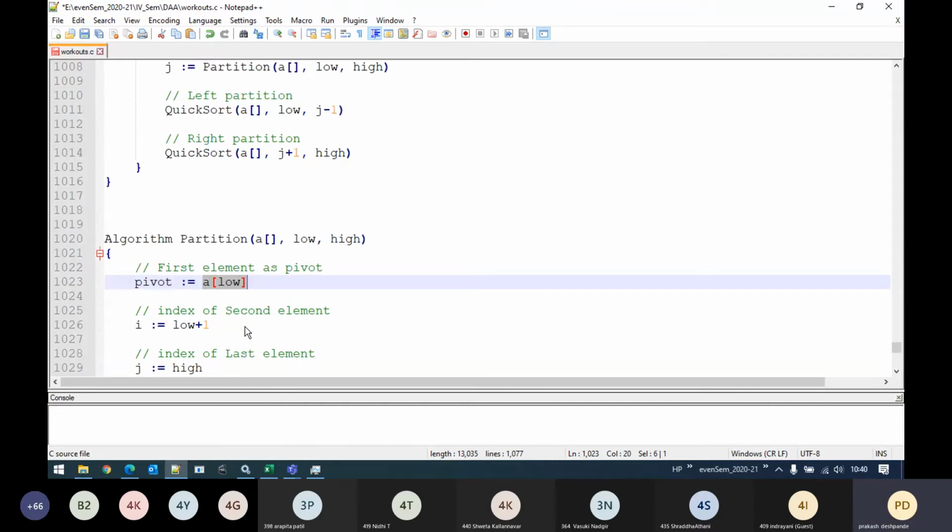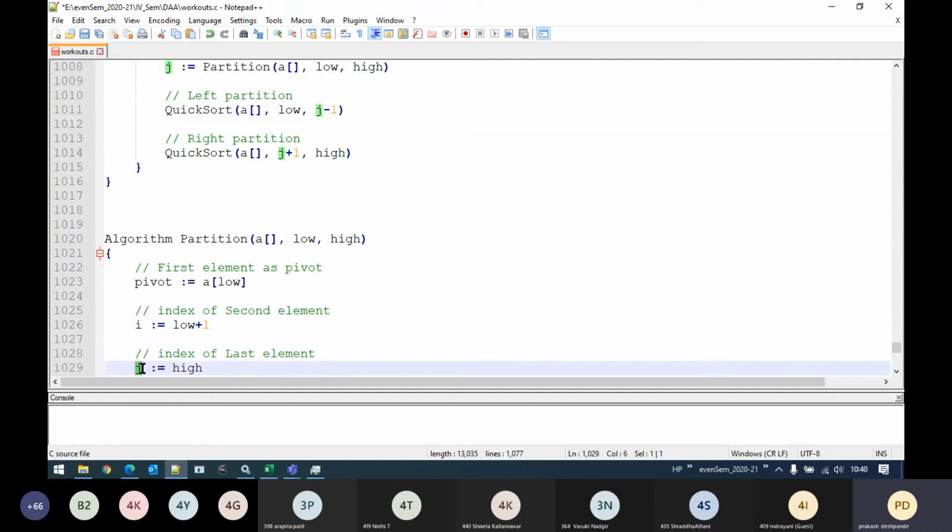Then we need 2 more values. These are the index values, that is, the positions, not the elements. Understand this one, because most of the time students get confused between i, j and pivot.